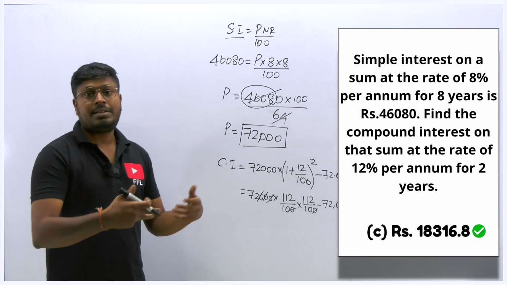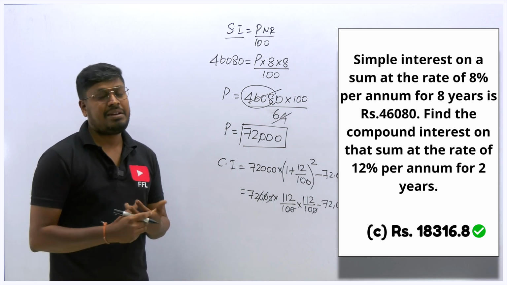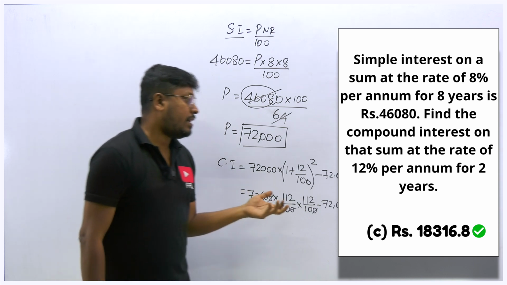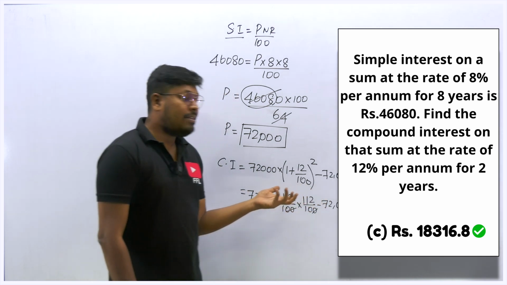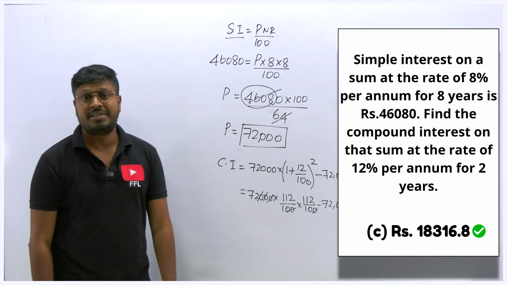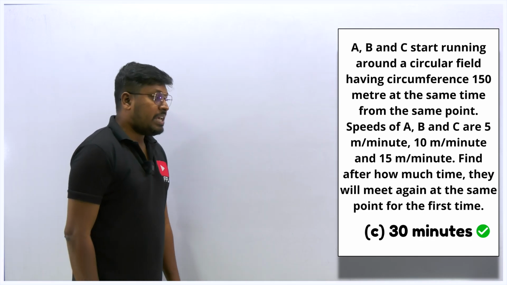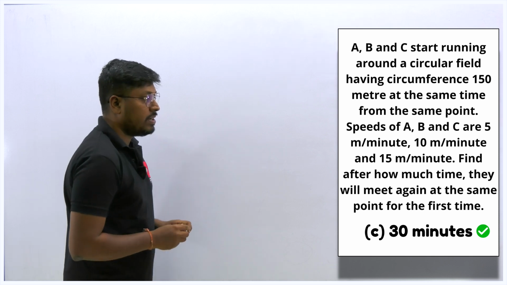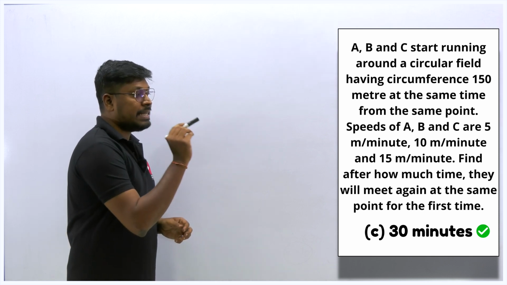Better to look at the remaining questions and solve them easily. I don't know the answer for it, just now I can check. The answer will be 18316.8, which is the compound interest for this question. So next question. ABC start running around a circular field having a circumference of 150 meters at the same time.